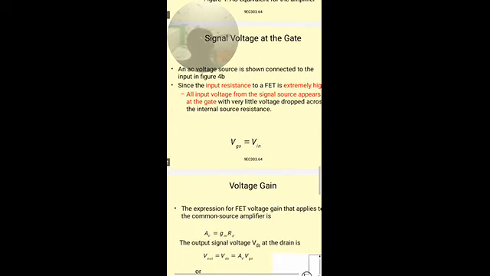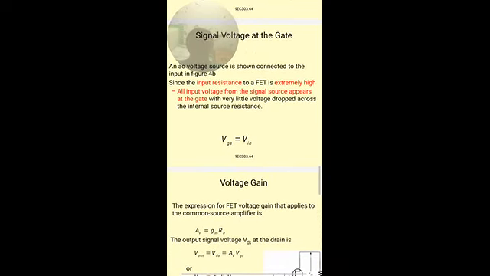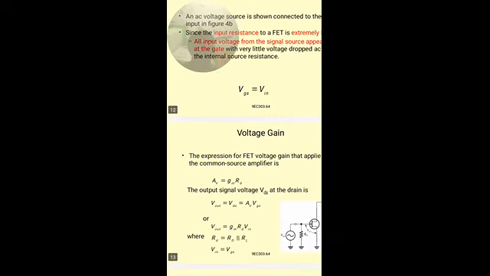The gate to source voltage is the input voltage. Since the input resistance of the FET is extremely high, all the input voltage from the signal source appears at the gate, with a small drop across the internal source resistance. So VGS is Vin, and we can find the voltage gain. The expression for the voltage gain of the common source FET amplifier is AV is equal to GM RD.